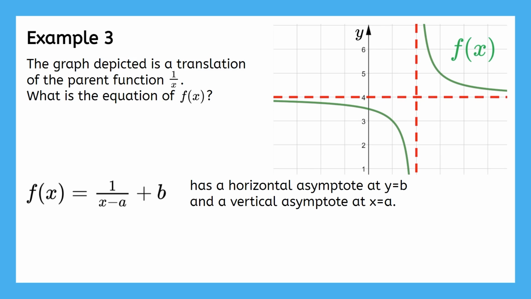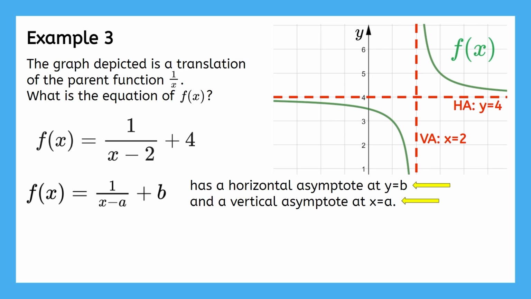They fall on the lines y equals 4 and x equals 2. That means, according to these equations, the value of b is 4 and the value of a is 2. Now we just substitute those values into our equation for f of x, and the equation from this graph should be 1 over the quantity x minus 2, plus 4.